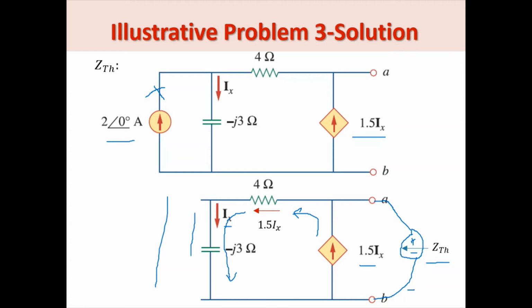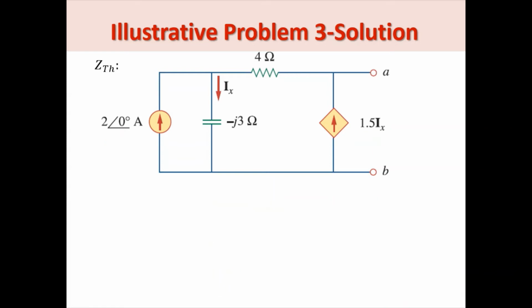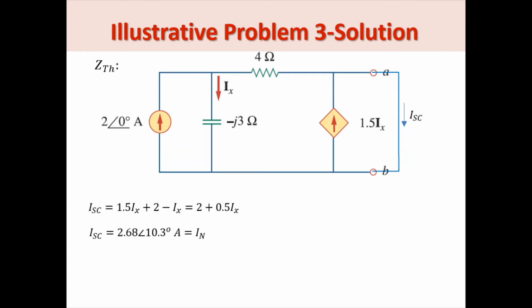To be sure about how to get ZTH, we could use case 3. Using case 3 would require us to get the short circuit current ISC. Take note that ISC is equal to 1.5 IX.